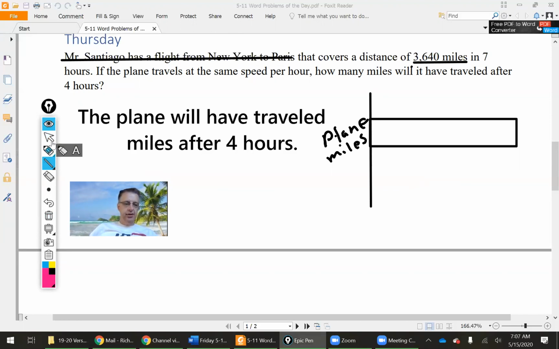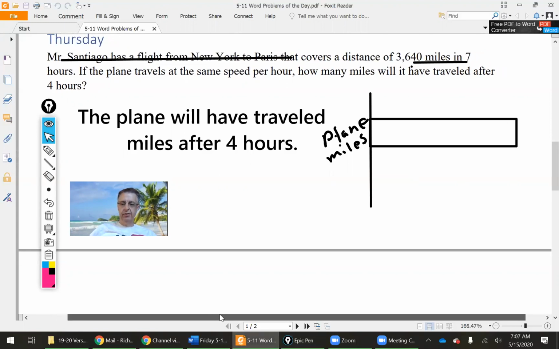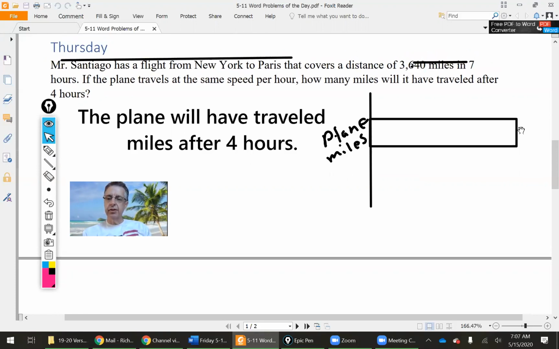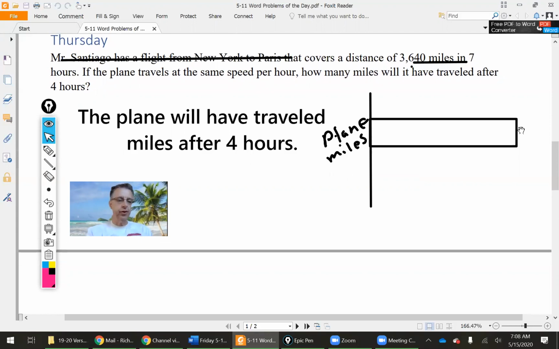And I think what I'll do is I'll just move over and make a little bit more space. I guess I don't really have more space, so I'll have to write small. 3,640 miles. Let me go ahead and put that in. So that's all the miles, 3,640 miles is a total. And I'll put that as total right here.